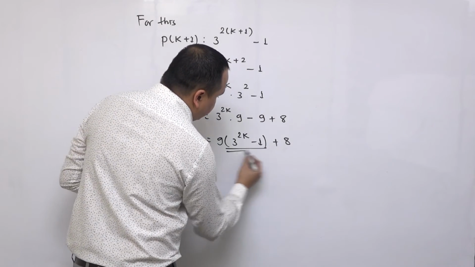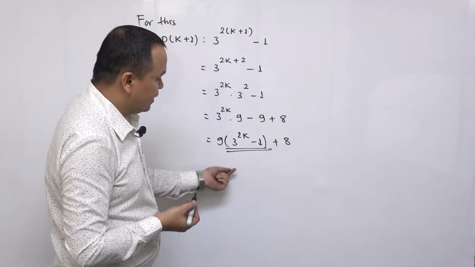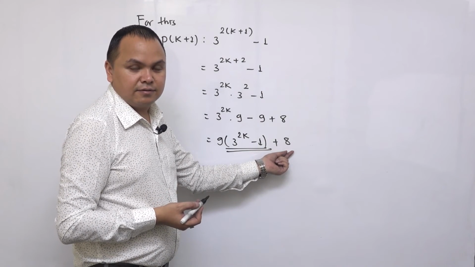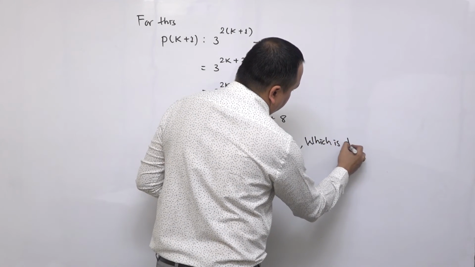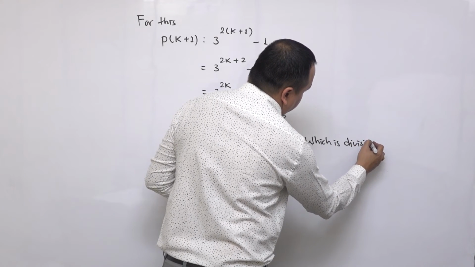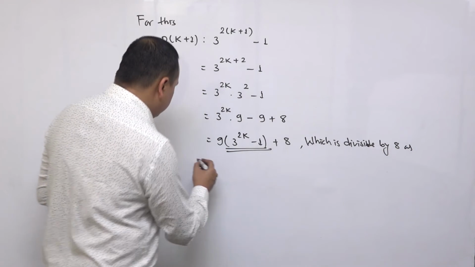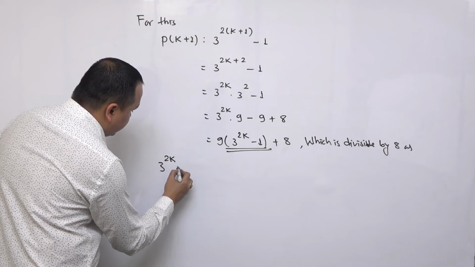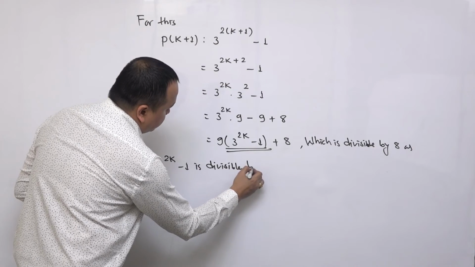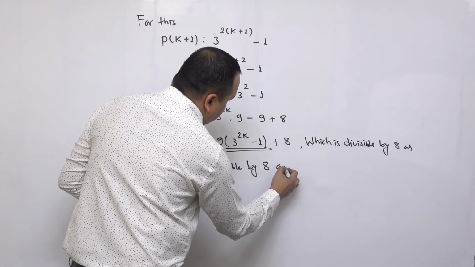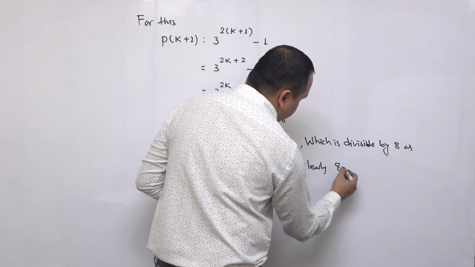Here 3 to the power 2k minus 1 is divisible by 8 by I, and 8 is divisible by 8, which is divisible by 8 as 3 to the power 2k minus 1 is divisible by 8, and clearly 8 is divisible by 8.